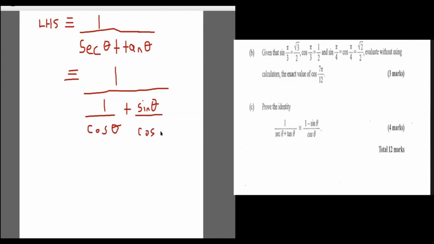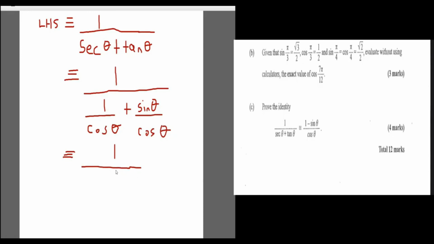Nice and easy. Now, remember what we are told from primary school. Whenever the denominators are the same, we should go ahead and add the numerators. We know that sec theta is 1 over cos. I know tan theta is sine over cos. So when we add them, what we're getting is 1 over 1 plus sine theta over cos theta.